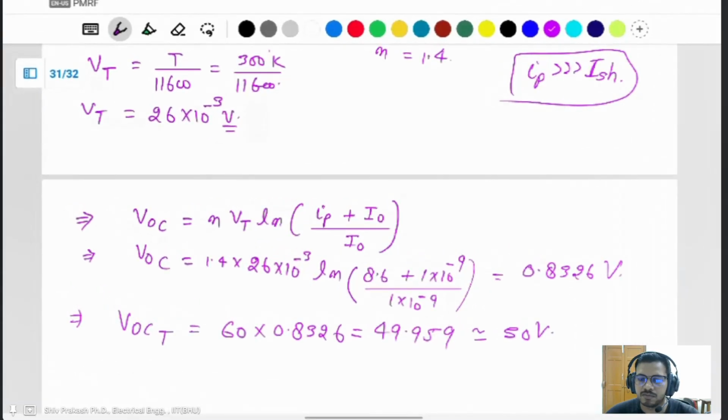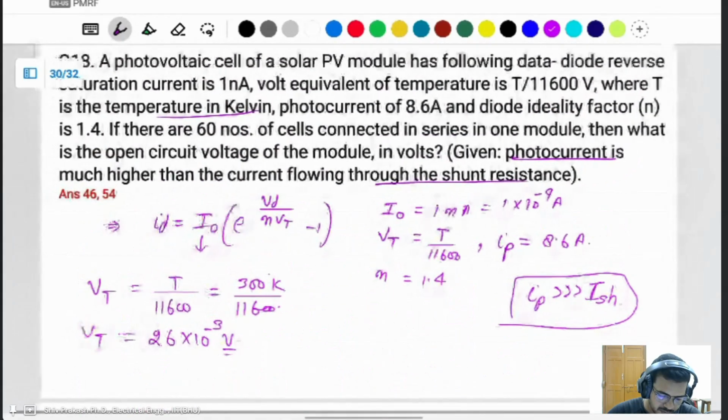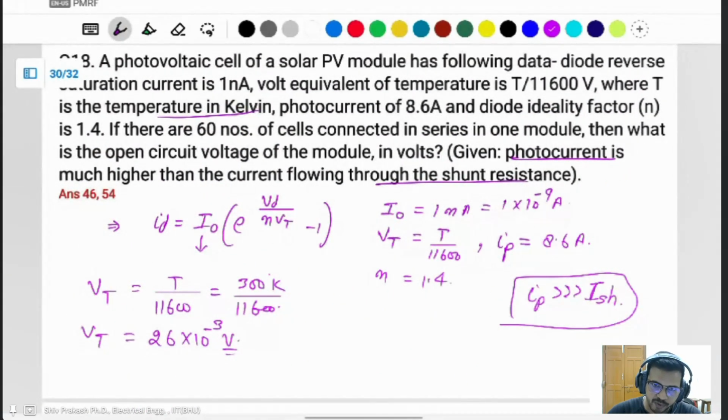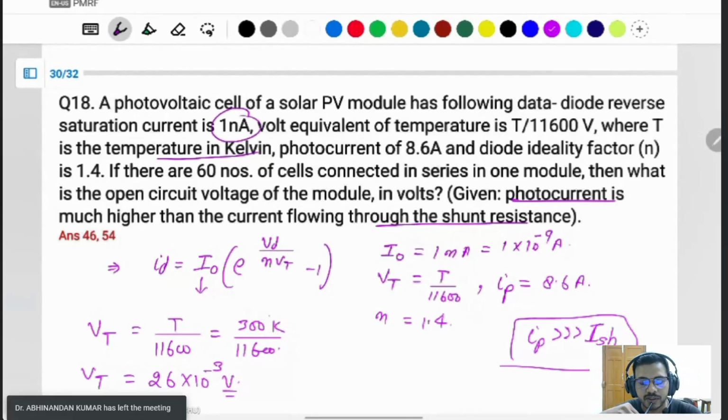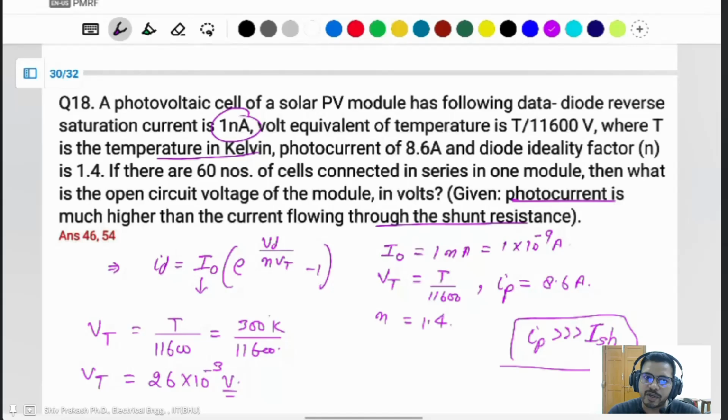I think the answer may not tally with the given answer. It was mentioned as 46 to 54. One more doubt: I naught should be taken in microamperes? For I naught, the question already mentions 1 nanoampere, so you can take the same thing if it is mentioned in the question.